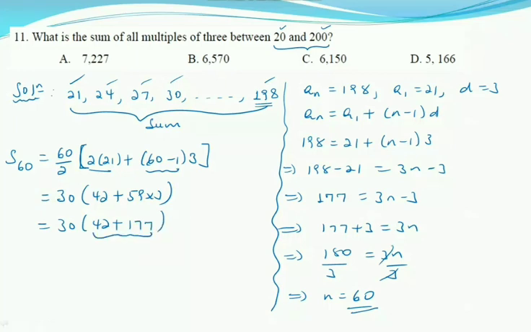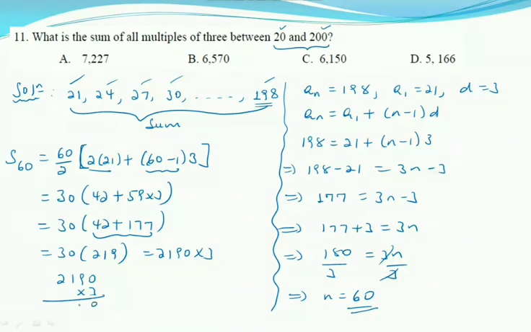So the sum of these two is 219, and 30 times 219 is the same as 2190 times 3. So we multiply this by 3.